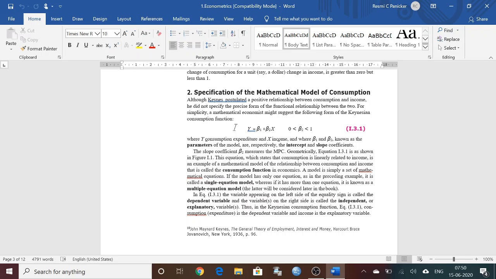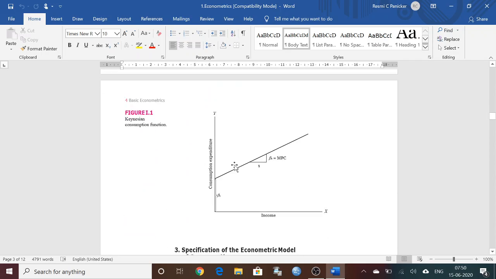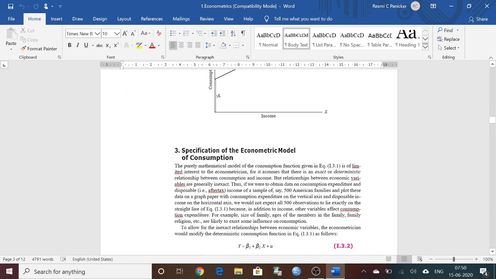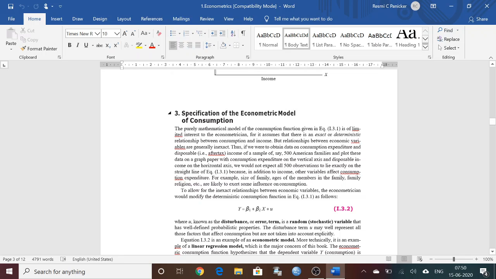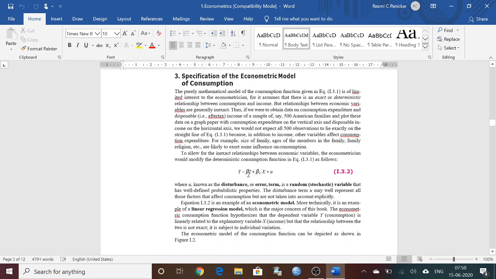So we need another model suitable for our analysis, that is, the specification of the econometric model of consumption. Here you can see other factors responsible for consumption are also included in this model, u. So y is a function of x, and we are going to represent it in an econometric model.